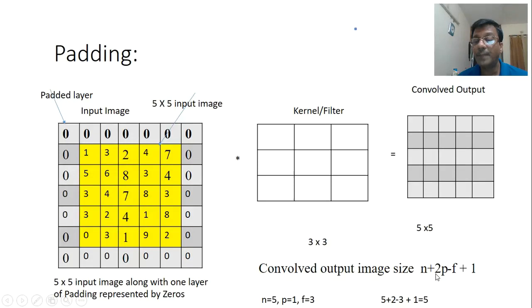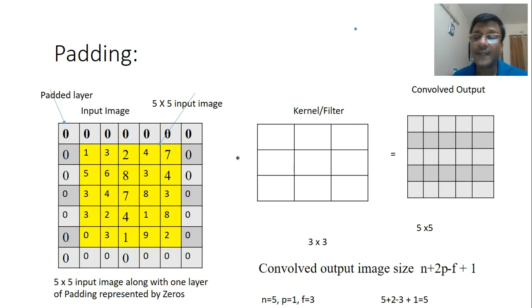For p, the padding, we have used one layer of padding, hence p is 1, so 2p is 2. The value of f is 3 for the 3x3 kernel. So that is 5 plus 2 minus 3 plus 1, which gives the result 5. This way we can calculate the size of the convolved output.